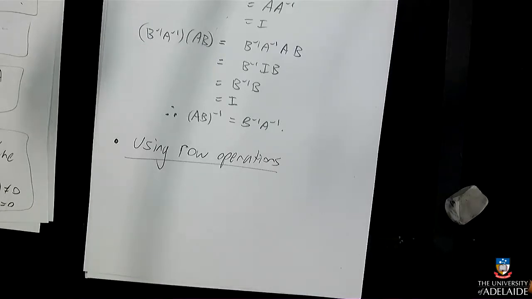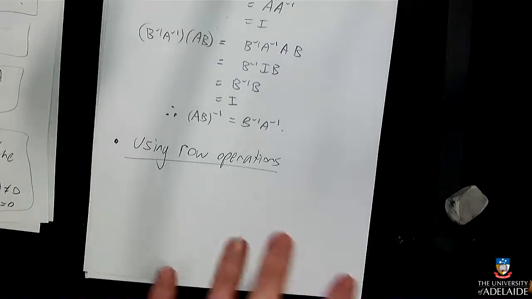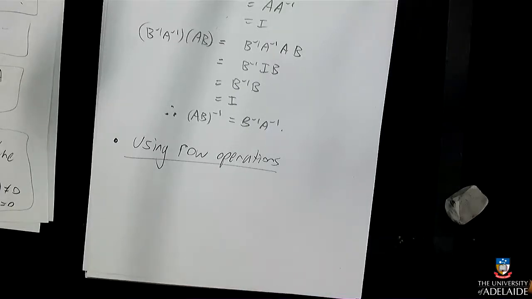But there are operations you can do on the rows of a matrix that will transform it into another matrix that has similar properties. And importantly, the most important thing about row operations is that if you do a row operation of the kind that I describe here on a matrix, it won't change the fact that it's invertible.